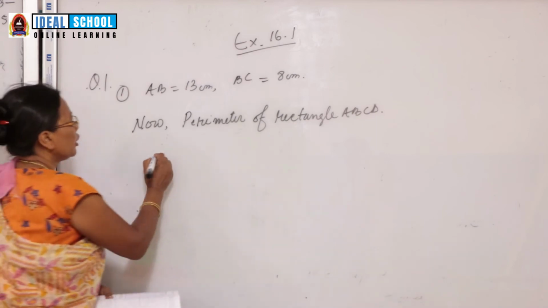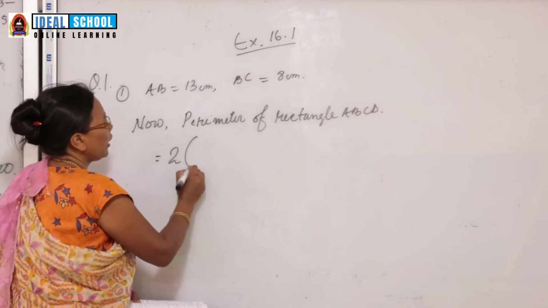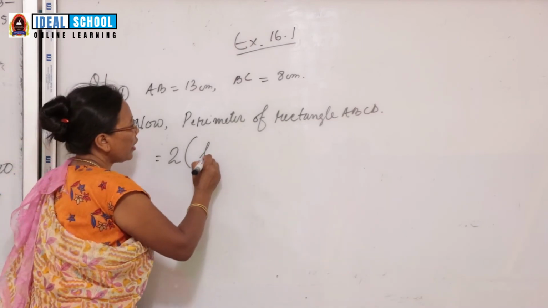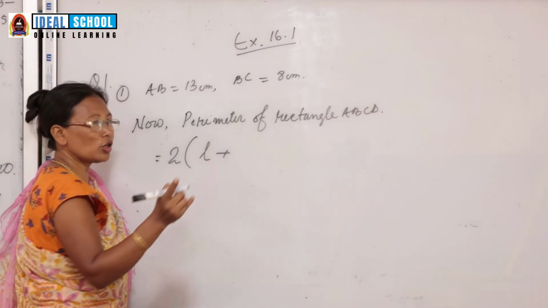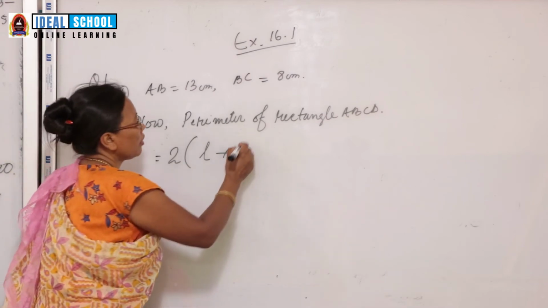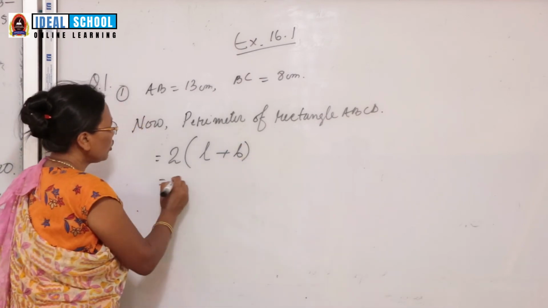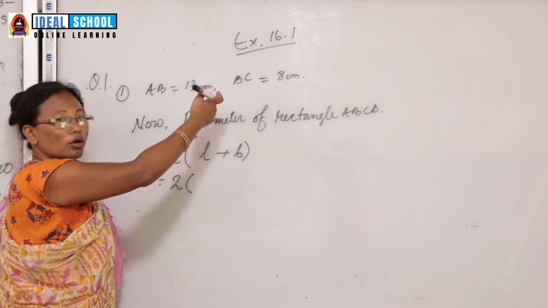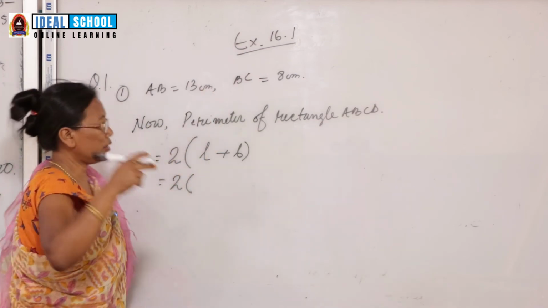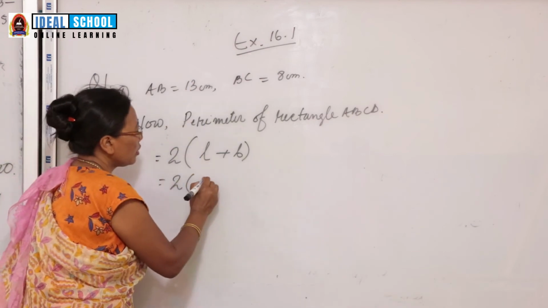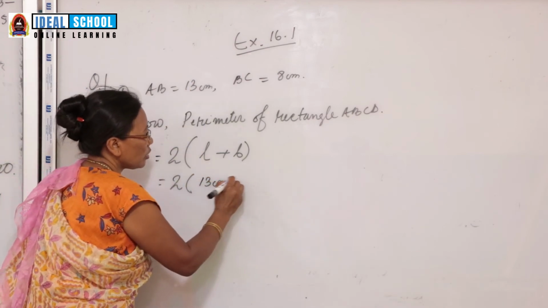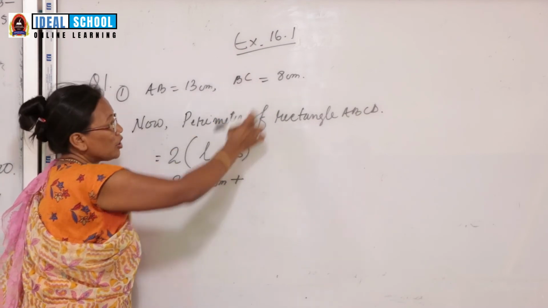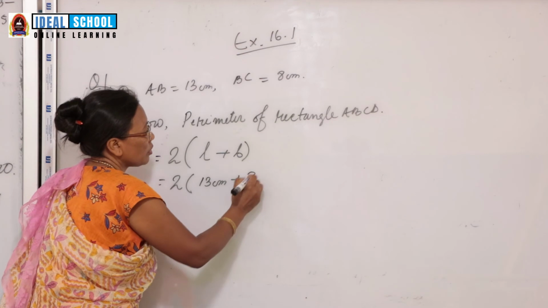Now, length is denoted L, plus breadth is denoted B. L is equal to how much? The larger number will be the value of L, that means 13 centimeter, plus B, breadth, which is 8 centimeter.